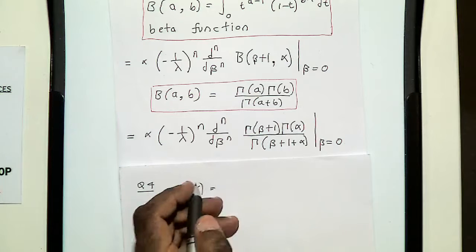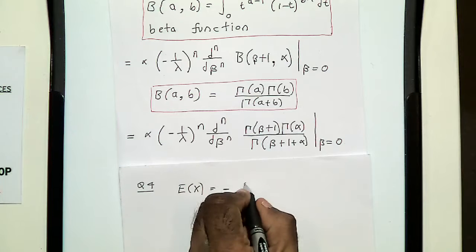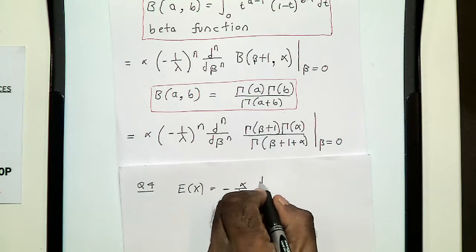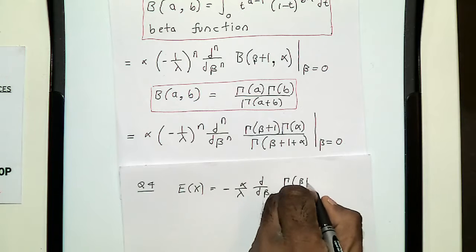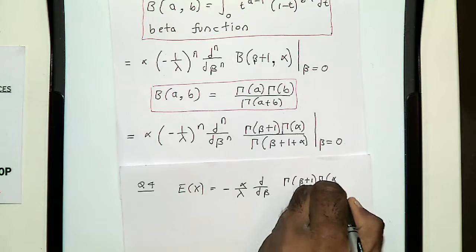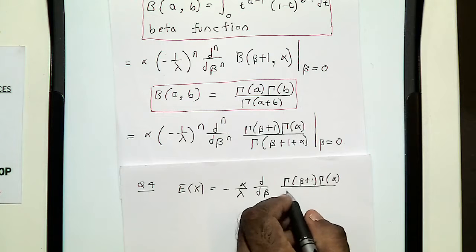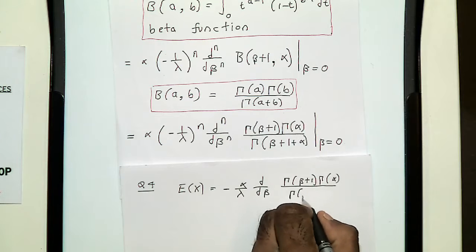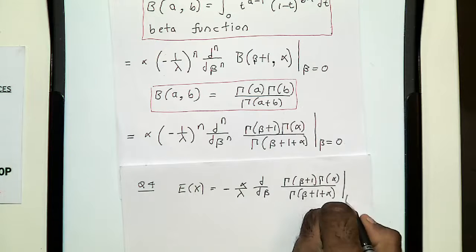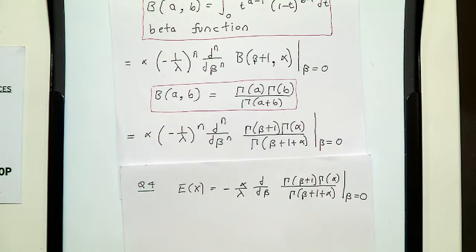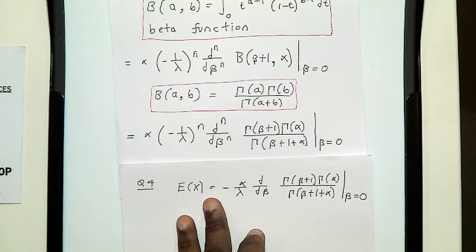If you put n equal to 1, it becomes alpha over lambda d by d beta of... okay, so this is the mean. I'm sure you know how to differentiate this, right? I will let you finish it, okay?